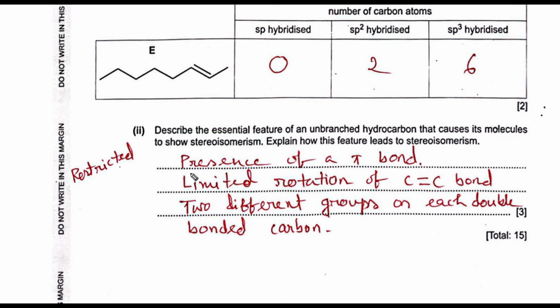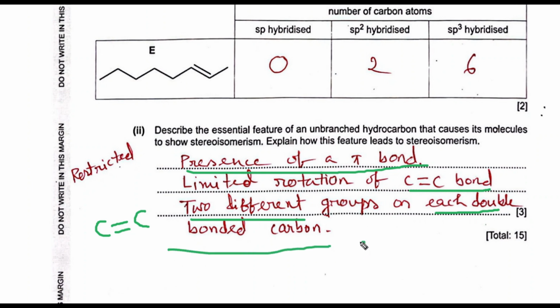So the presence of a pi bond, that means molecules must have a carbon-carbon double bond with restricted rotation, and two different groups on every double bonded carbon. There is restricted rotation around the carbon-carbon double bond, and every double bonded carbon contains two different groups.